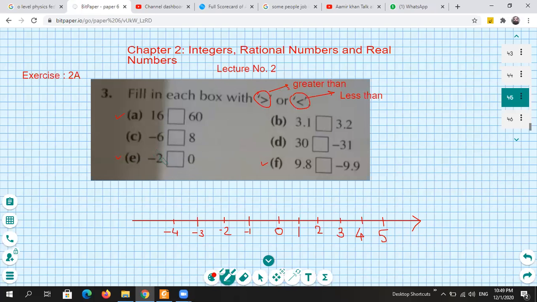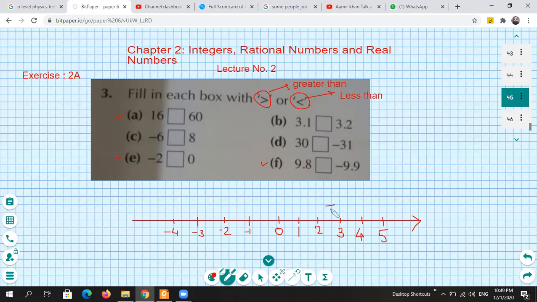In part A, we have two numbers, 16 and 60. Obviously, if you see the number line, it starts from negative numbers, then zero comes, and finally it goes towards the positive numbers.